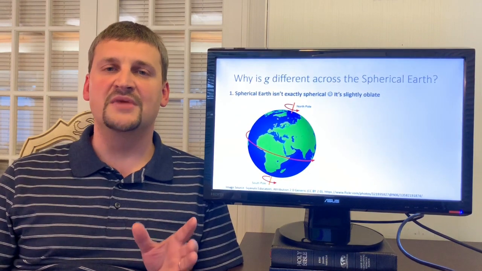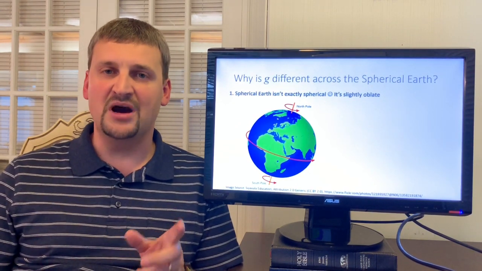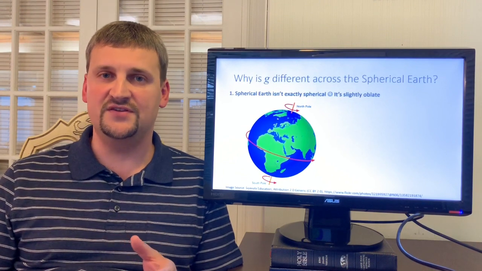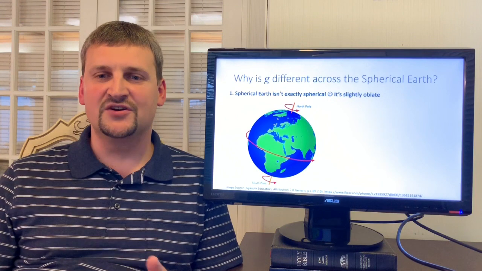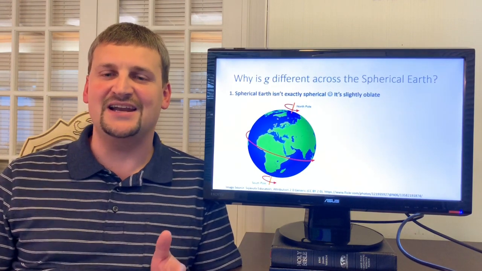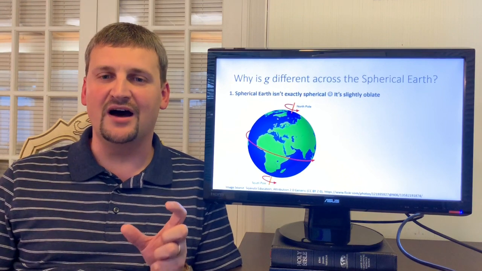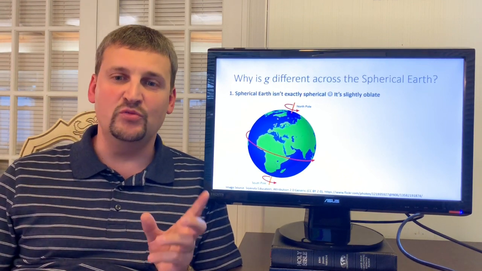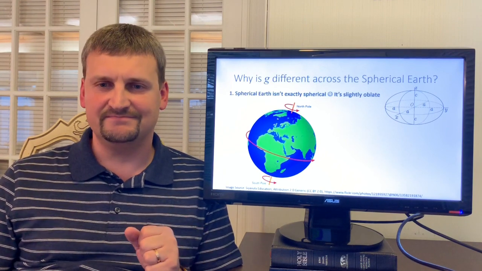So let us take a moment to discuss why g, the free fall acceleration, must be different across the spherical Earth. First of all, the fact is that spherical Earth is not exactly spherical. It's squeezed at the poles. It's oblate. Its width at the equator is greater than its height.